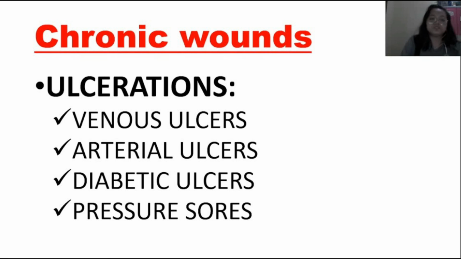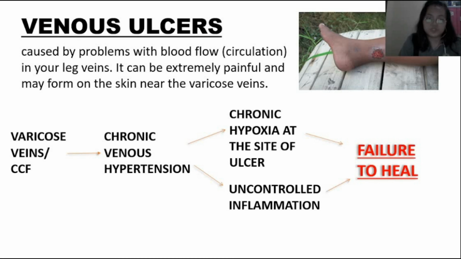So, chronic wounds. This is mostly about ulceration, so let's understand venous ulcers, arterial ulcers, diabetic ulcers, and pressure sores. Venous ulcer is a leg ulcer caused by problems with blood flow in your leg veins.